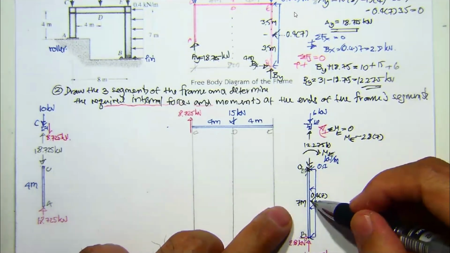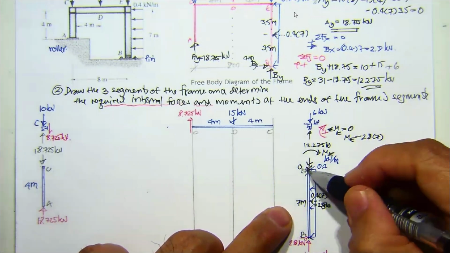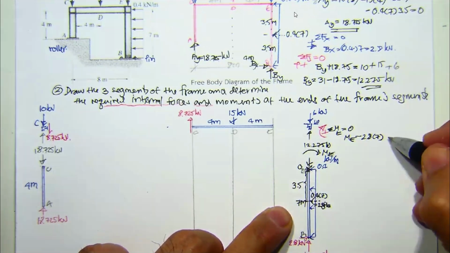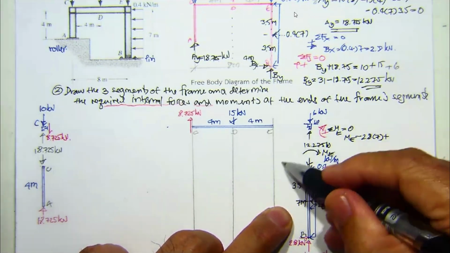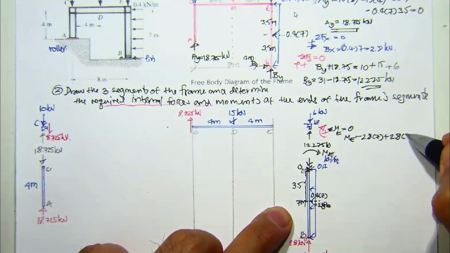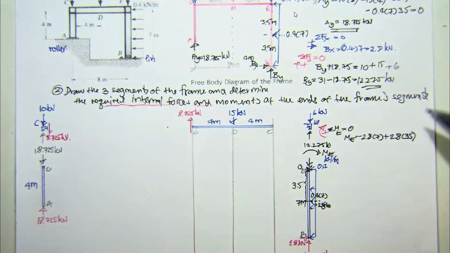And then we have the moment due to this 2.8, with the moment arm 3.5, rotating in the same direction as M sub E, plus 2.8 times 3.5, and everything is supposed to be 0.